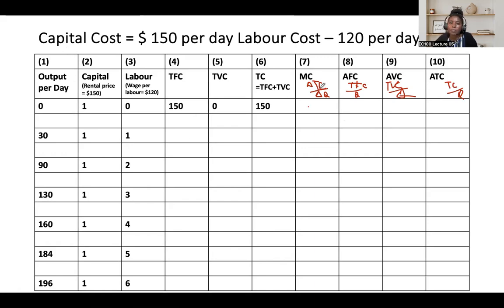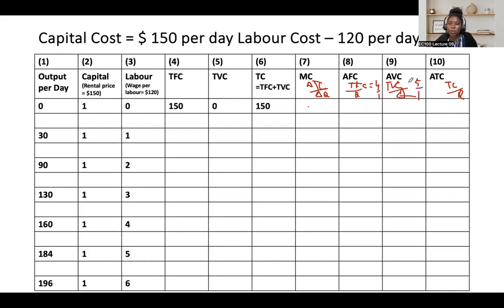I think that has made it very easy. So for average fixed cost, you find column 4 over 1. Average variable cost is column 5 over 1.